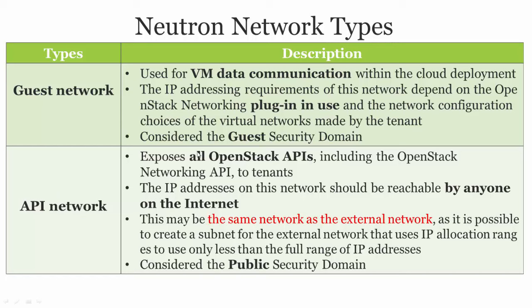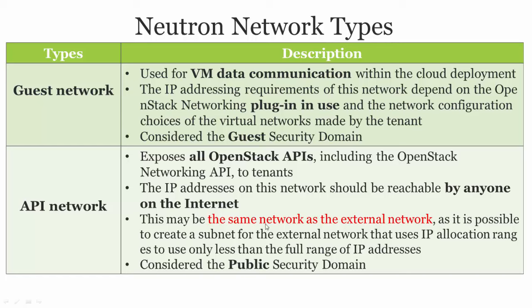And this API network also needs to be connected to the tenant. The IP address on this network should be reachable by anyone on the internet. I already told you, any users must be able to access the OpenStack APIs. Then the OpenStack API must use this API network externally to access the internet.